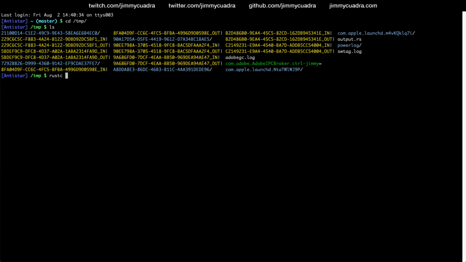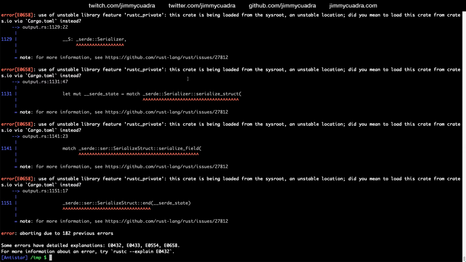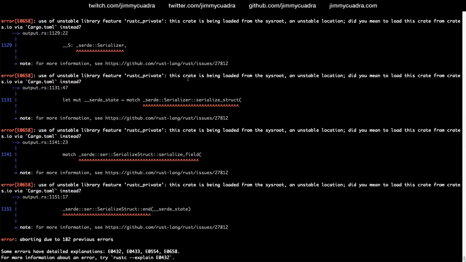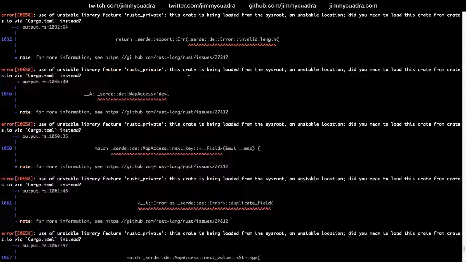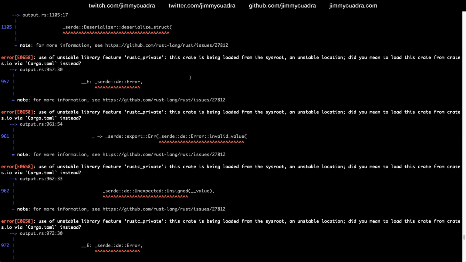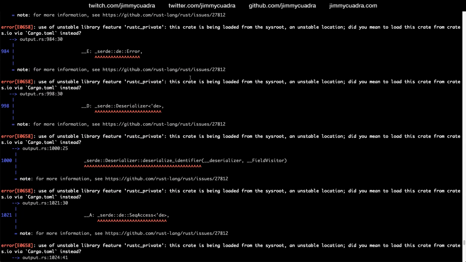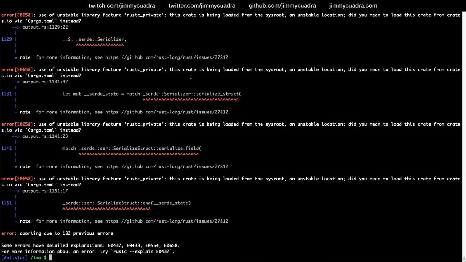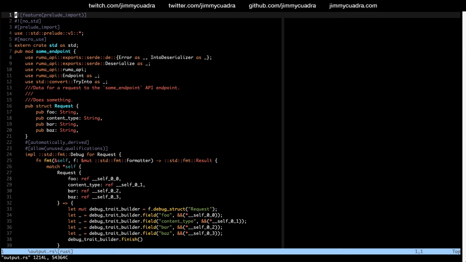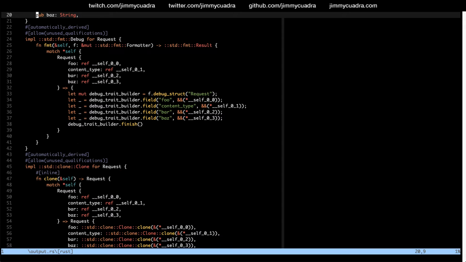And if I do rustc output.rs, oh, this isn't going to work because I have all of these. Ah, this is so annoying. Right. Well, let's take a look at the output. This is kind of cool because what you're seeing here is the code that is generated by the macro. And that's what cargo expand gives us.